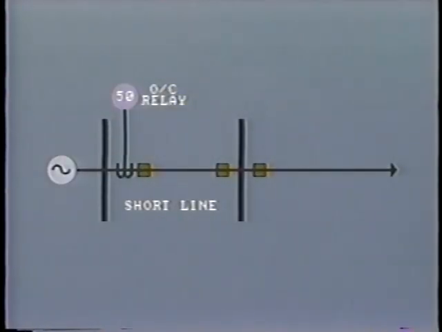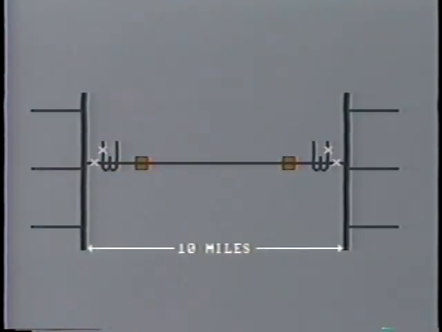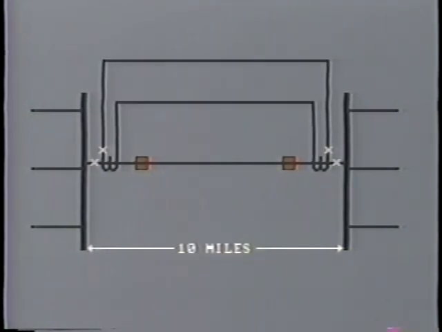With the overcurrent relay, the problem is that there is very little difference in the magnitude of fault current for close-in faults and for faults out on adjacent lines. For short lines, we could consider differential protection with the CTs at each end of the line interconnected by pilot wires. We can well imagine the differential relay connected like this at the center of the line.